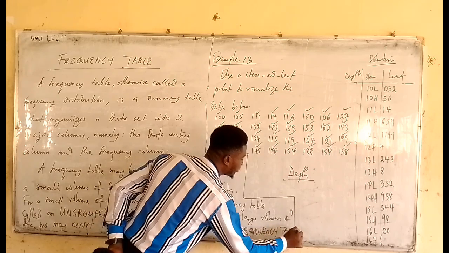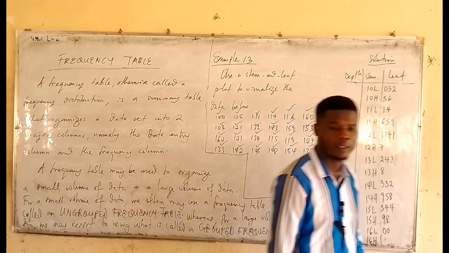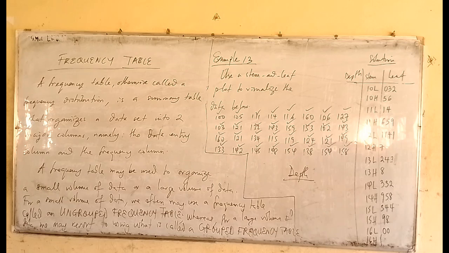So basically, there are two types of frequency tables. Am I talking to people? One is called what? Grouped frequency table, and the other one is called what? Ungrouped frequency table. Now, certain circumstances will prompt you to use what? Ungrouped frequency table, especially when the volume of data is small. Is it clear?